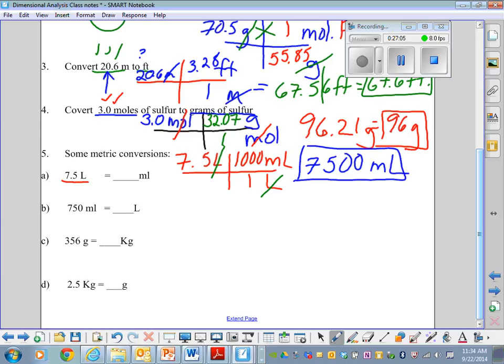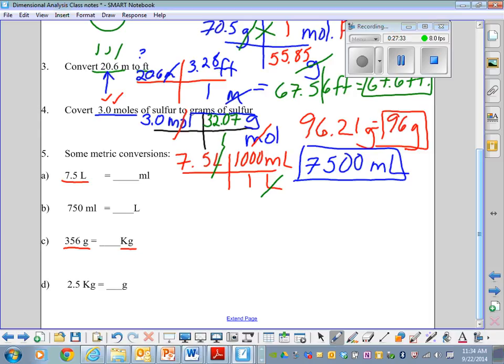Now the next problem, B, would just be the reverse of what we did. Let's move down and try converting grams to kilograms. Let's move down to 5C. We have 356 grams, and we need to find kilograms, correct?